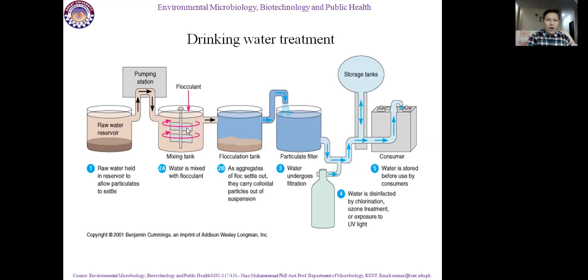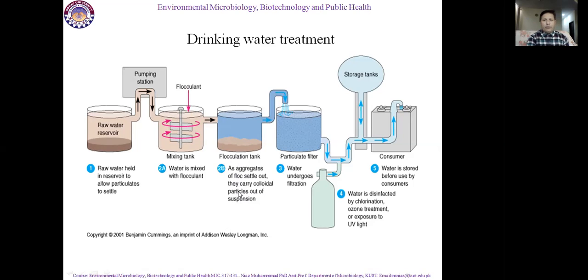All dissolved elements will convert into insoluble form, and we must give time for these flocs to settle on the bottom. As aggregates of flocs settle out, they carry colloidal particles out of suspension.